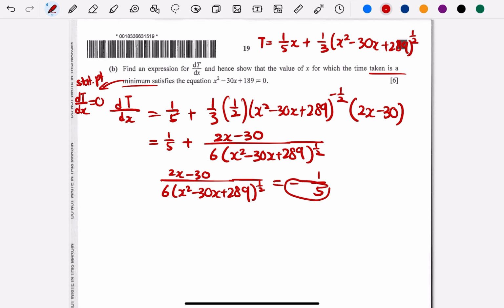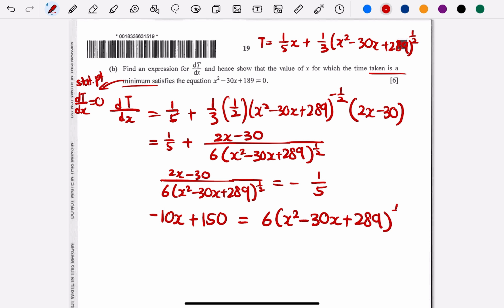So I'm going to multiply the negative 5 up, and I'm just going to multiply this very complicated one up to the 1. So this side becomes negative 10x plus 150, because negative 30 times negative 5 is equal to 6 times (x squared minus 30x plus 289) to the power half.